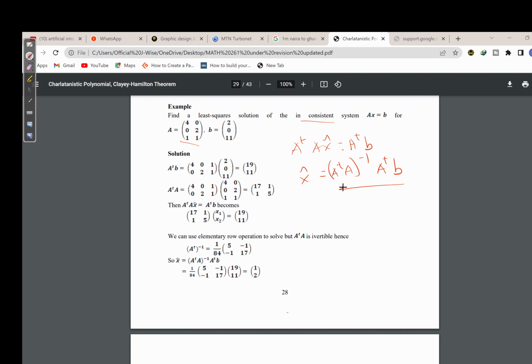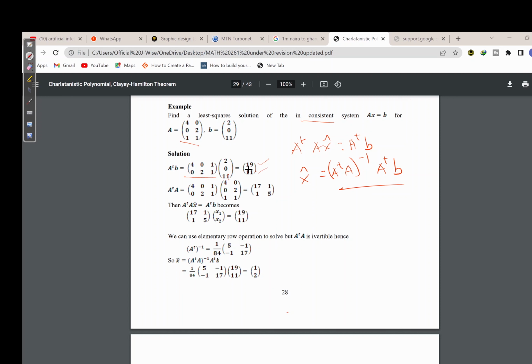The transpose of A is 4 0 1, 0 2 1. Then we multiply by b, so we first solve for A transpose b. We multiply row by column: 4 times 2 is 8, plus 0, plus 11, that's 19. Then 0 times 2 is 0, plus 0, plus 11, so you get 19 and 11.